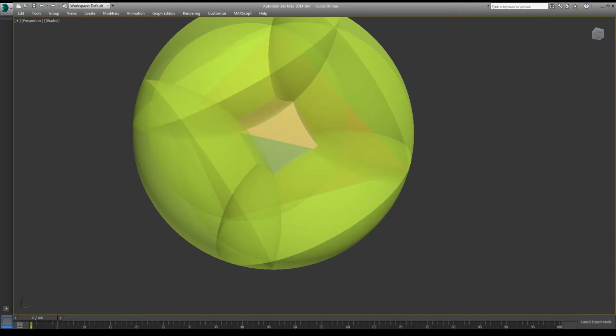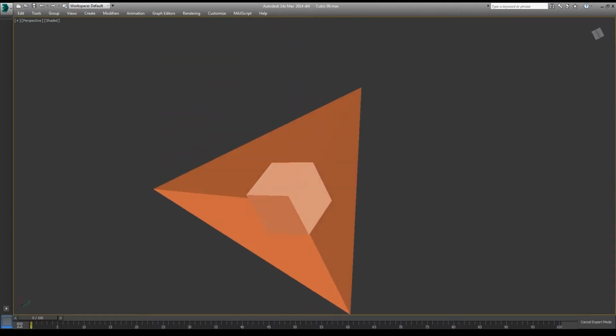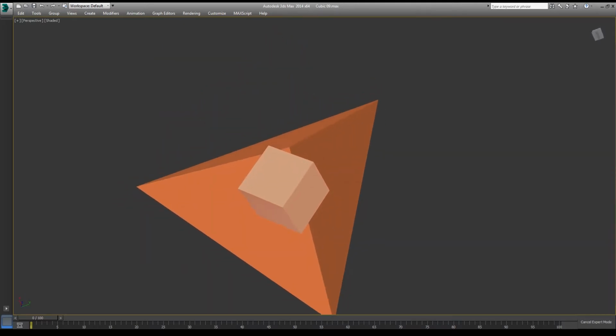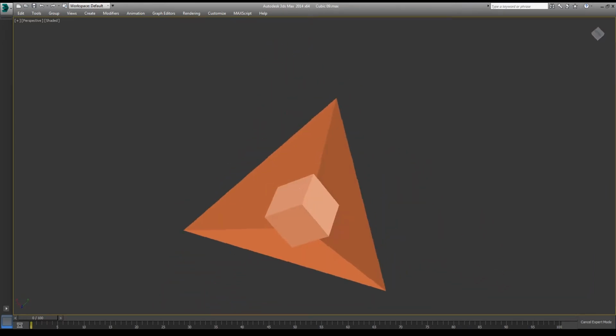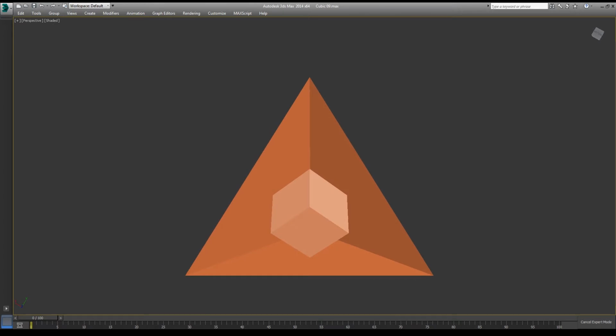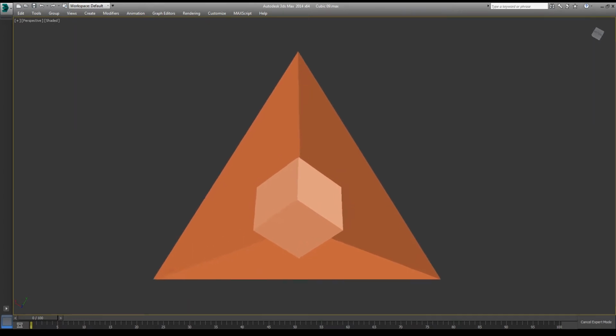our central tetrahedron. I'll just turn these off so you can see that a bit more clearly. And it's a cube that is effectively, I forget the phrase now, like the opposite of the tetrahedron.